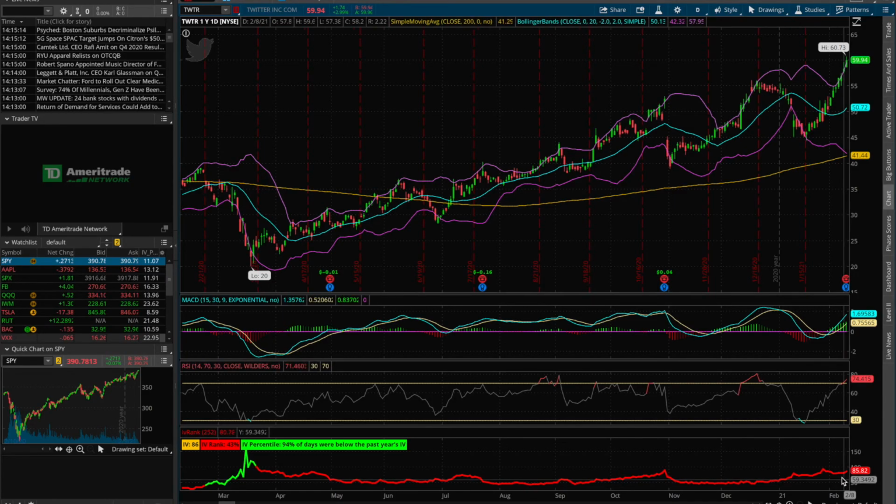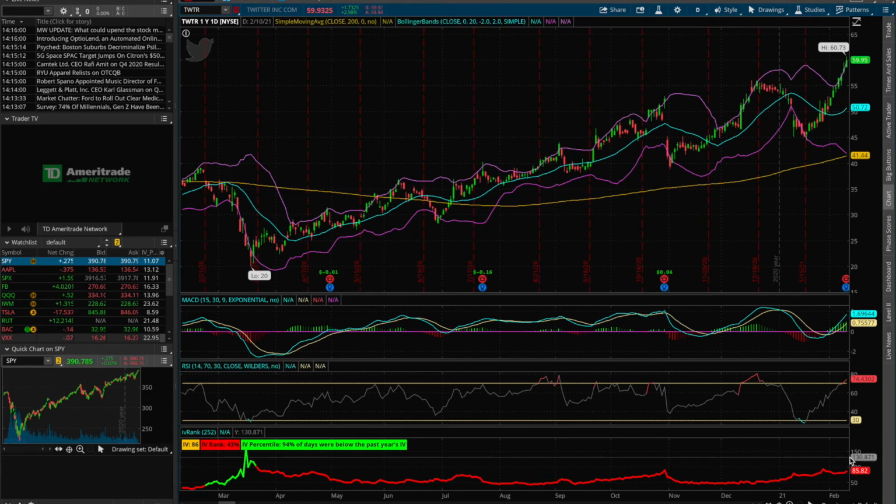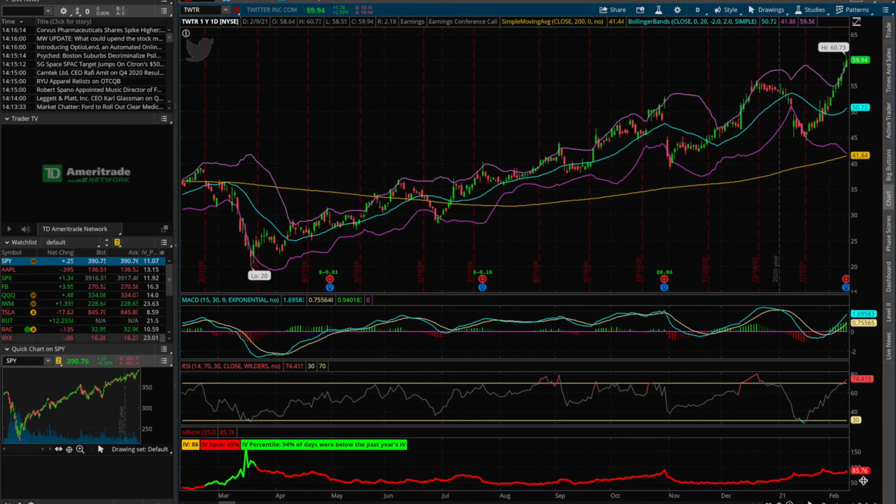You can see right now the implied volatility for Twitter is just under 86%. So this is saying as of right now, today, the market is expecting Twitter stock to be either up or down a year from now by almost 86%. That's a huge number. And looking at the past, the implied volatility level for Twitter right now is very elevated compared to where it's usually been over the past year.